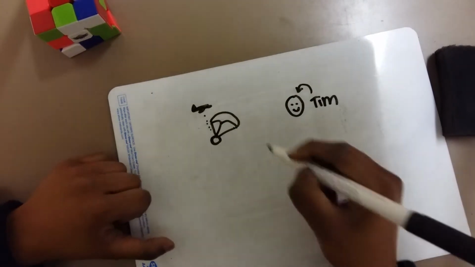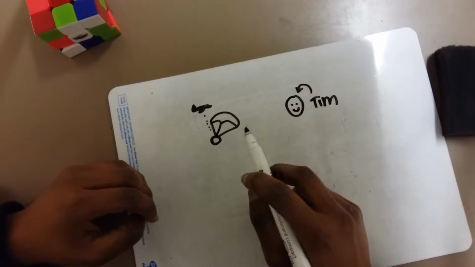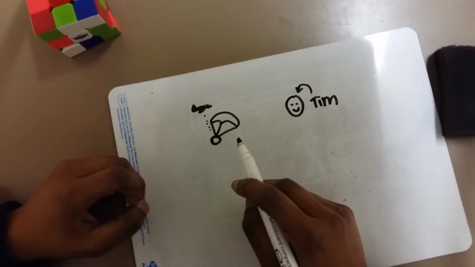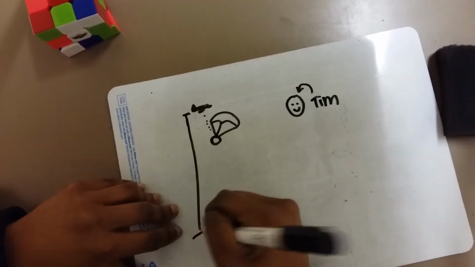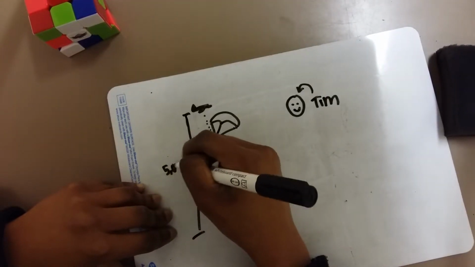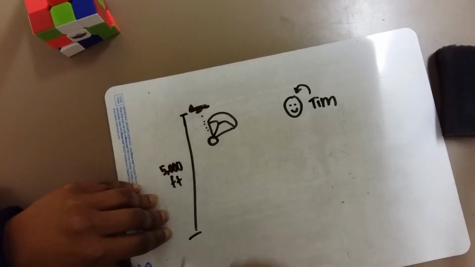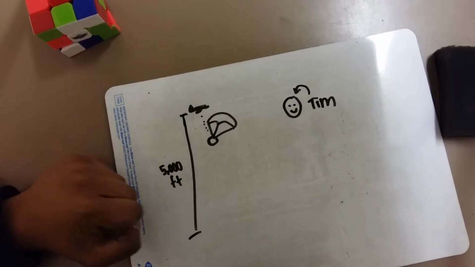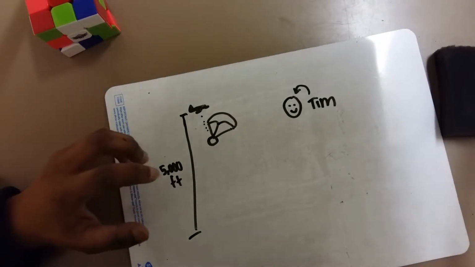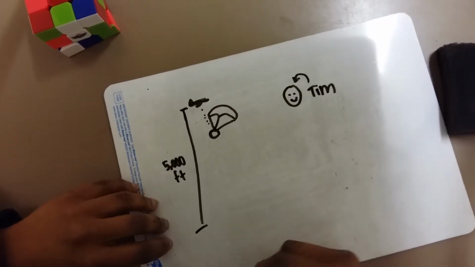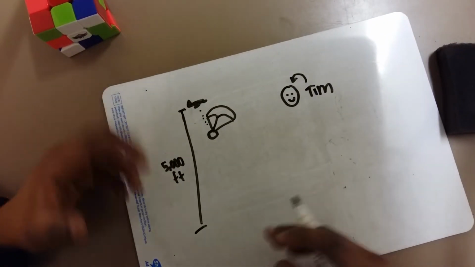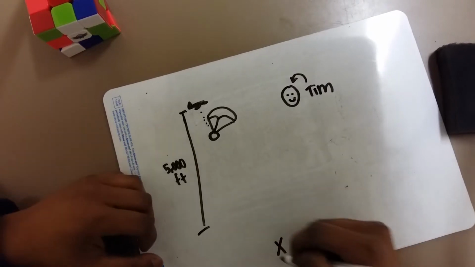So the first situation is going to have a parachute with a surface area of A. Let's say he's being dropped at 5,000 feet above sea level. We measure the time that it takes. Let's say it takes X amount of time.